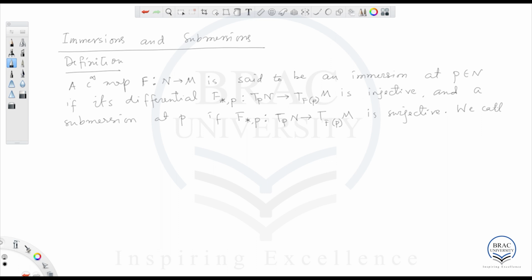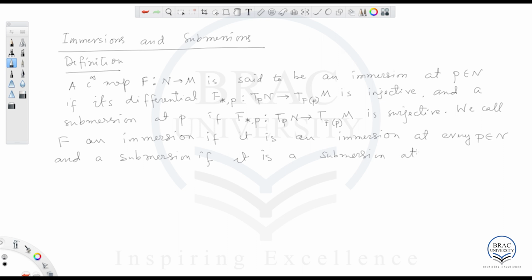We call F simply an immersion if it is an immersion at every point P in N, and a submersion if it is a submersion at every point P in N.